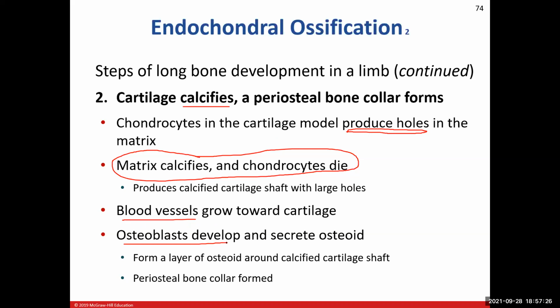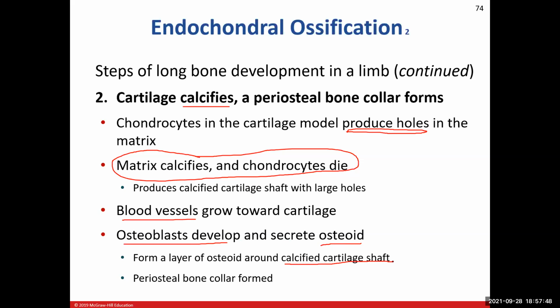And what do blasts do? Blasts build. So the osteoblasts are going to start to build bone by secreting the osteoid. And here's the thing. They secrete the osteoid around that old, hardened, calcified cartilage matrix there. And so that's what happens.